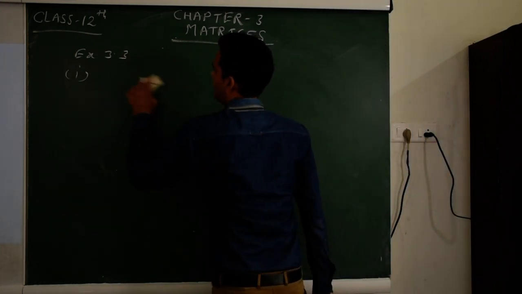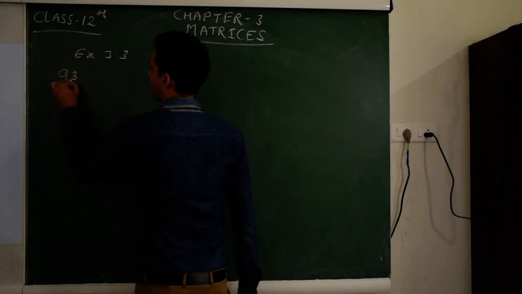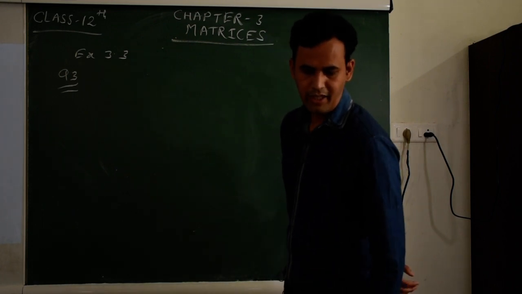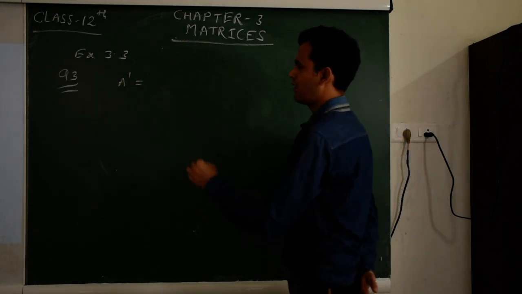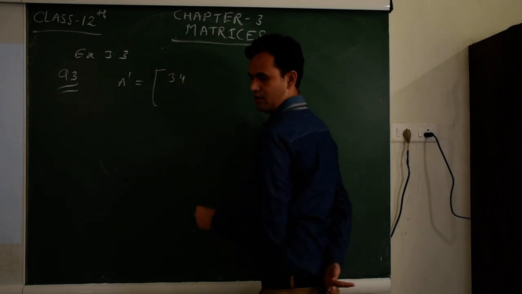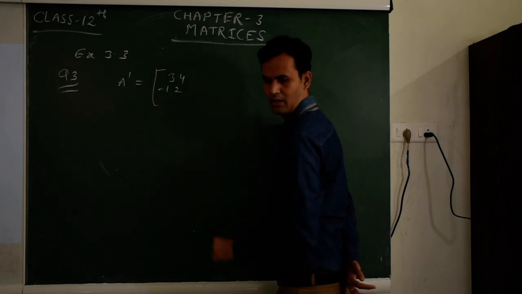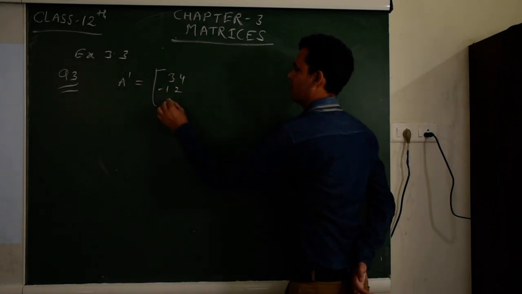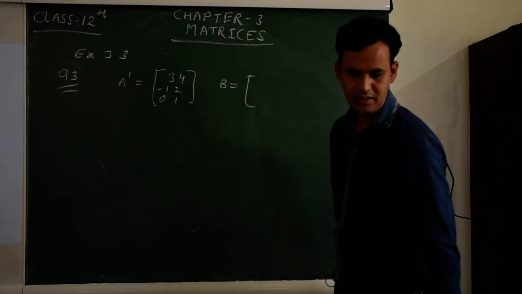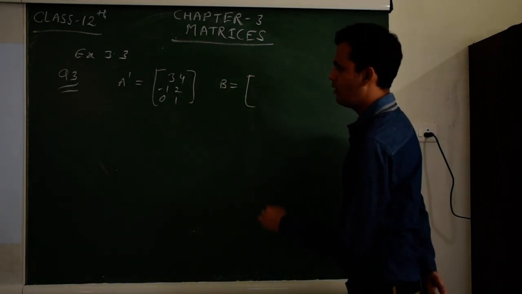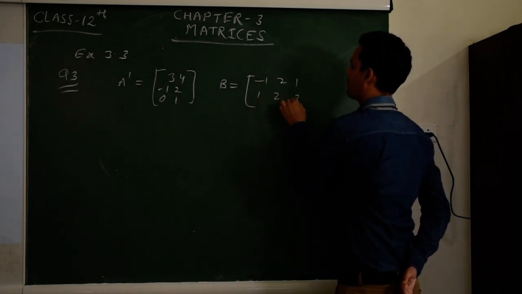Now question number 3. A dash, meaning A transpose, is given as 3, 4, minus 1 and 2, and 0, 1, and B is given as minus 1, 2, 1 and 1, 2, 3.